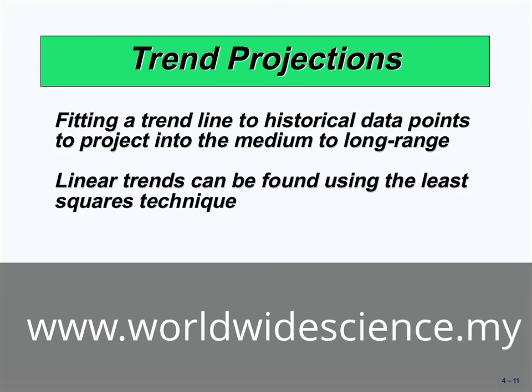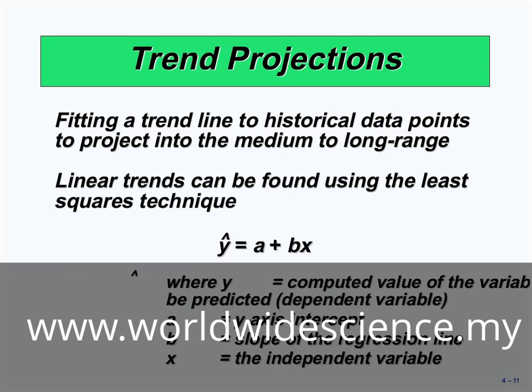Trend projection. There is another tool called trend projection. It's a very nice method that can be used by most companies. There is a formula for this: Y equals A plus B multiplied by X. This is a linear equation, a line equation, if you remember from mathematics.